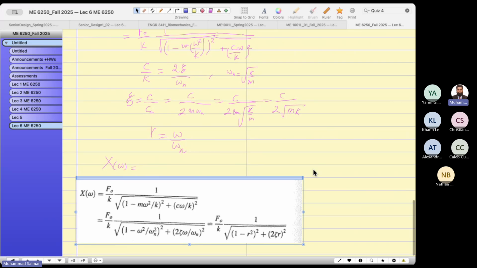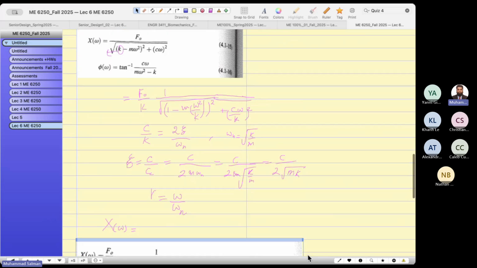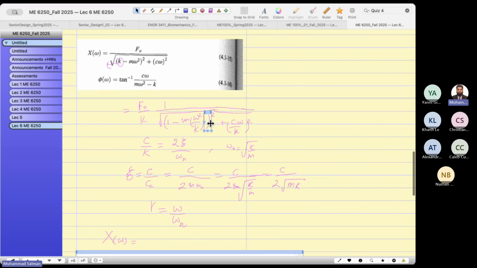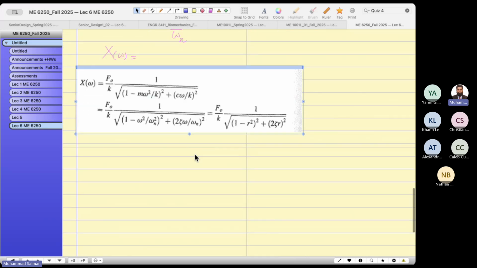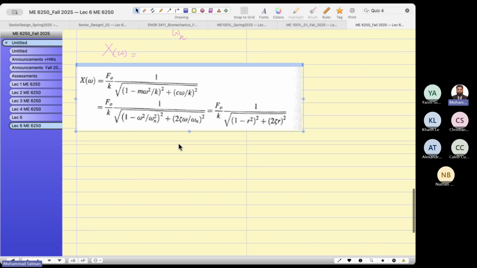It's the same thing: they took k outside the parentheses from equation 4.1-15, rearranged everything and wrote down this equation. This is useful information, as for the ratio zeta, if it is 0, then what do you get? It is very close to this.